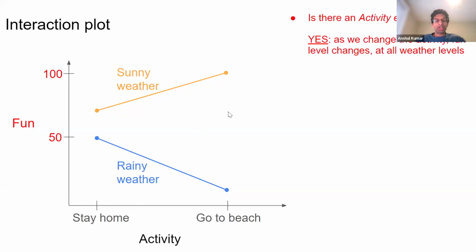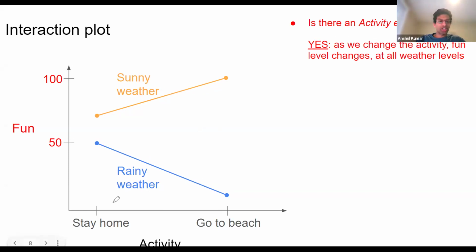So the question we're going to ask first is, is there what we call an activity effect? And the answer is yes. So the question we're asking is, as we change our activity from staying at home to going to the beach, does the level of fun change? And we have to look at this at both levels of the weather.